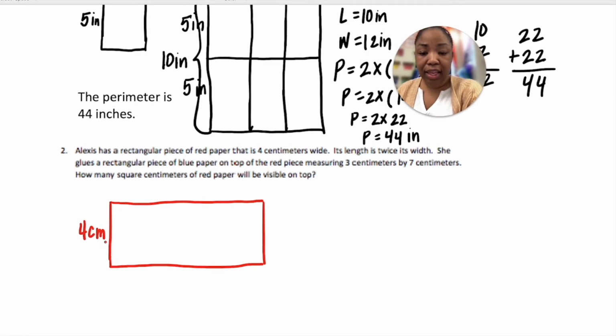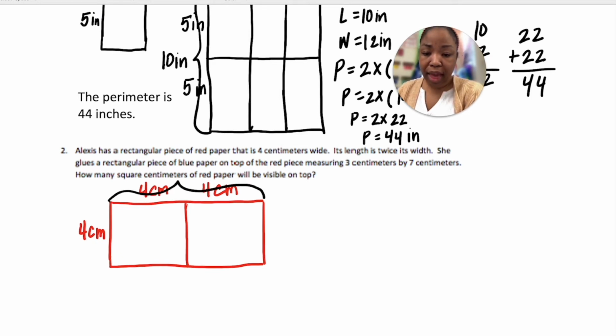They tell us that the length is twice the width. So for the length, I'm going to do the width twice. Twice would be 2 times. So I'm doing 4 centimeters and 4 centimeters. That makes 8 centimeters.